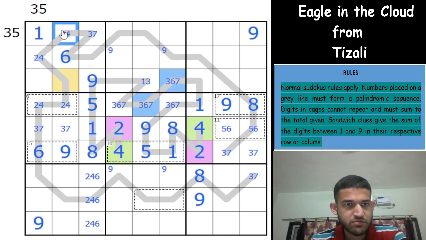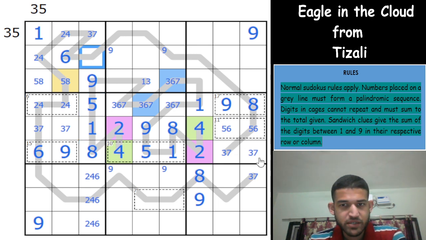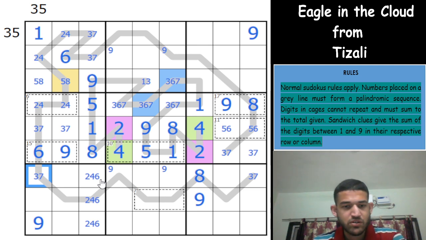Okay, so in this box 5 8 get locked into these two cells because of this, which means this becomes a 3 7 and 6. So this would have to be 3 7 because you have a 3 7 here, and this would have to be a 5 8 for this column because you have 1 6 and 9, a 2 4 pair and a 3 7 pair, so this is 5 8.